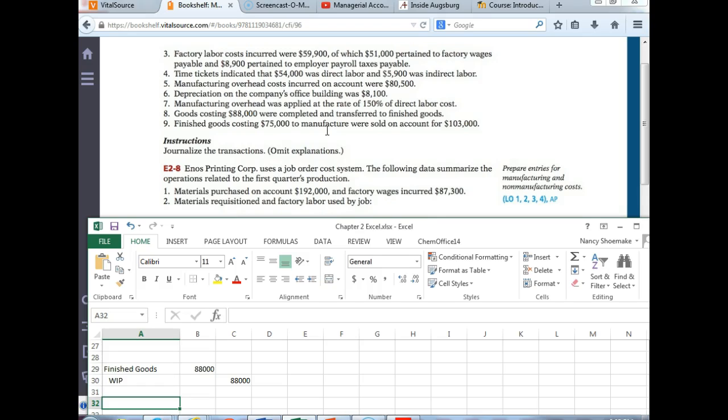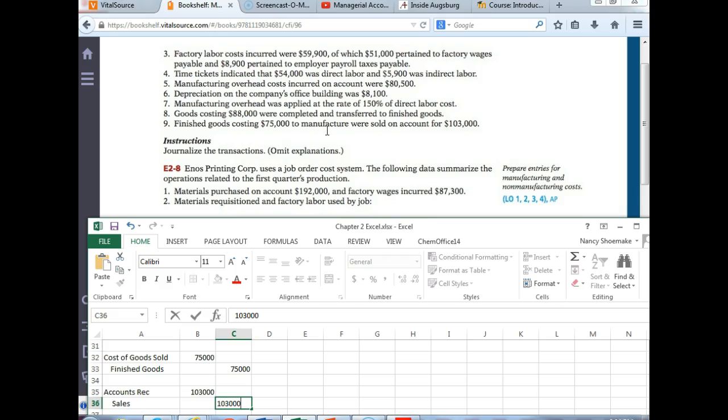We debit cost of goods sold for $75,000. We credit finished goods. Then we have another entry, accounts receivable of $103,000. Credit sales, $103,000. Make sense?